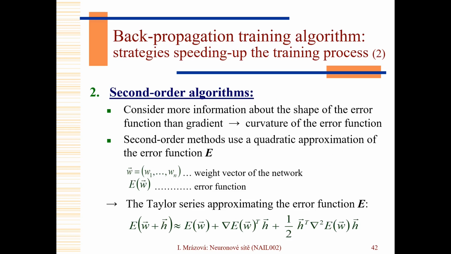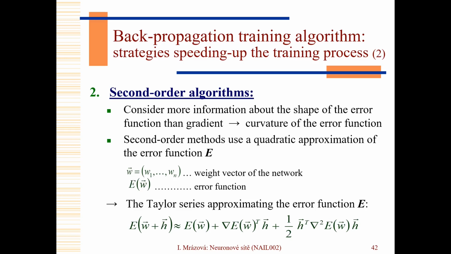Both the standard backpropagation training algorithm and its variants based on adaptive learning rates consider just the information regarding the gradient to perform a step in weight adjustment. Simply, whenever performing a step, they just look for the steepest gradient descent.